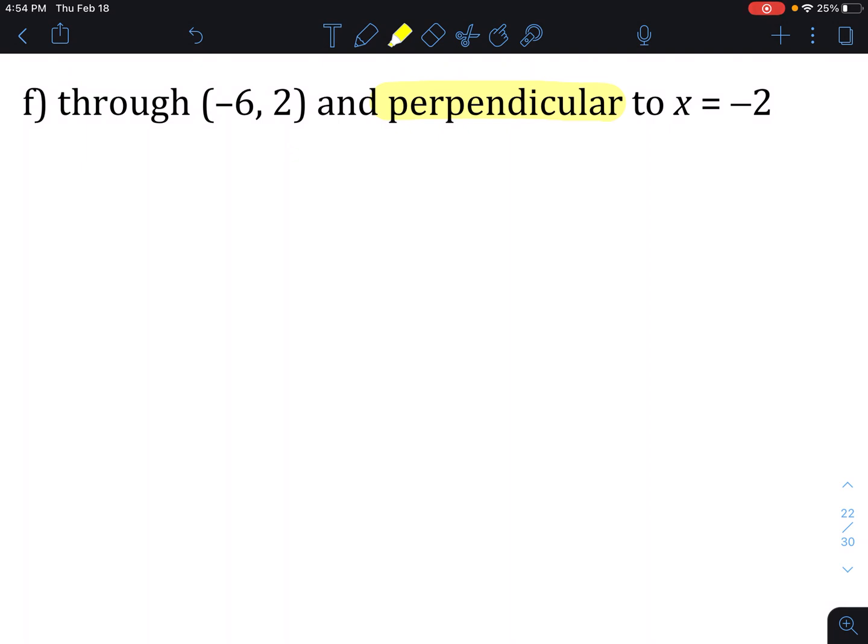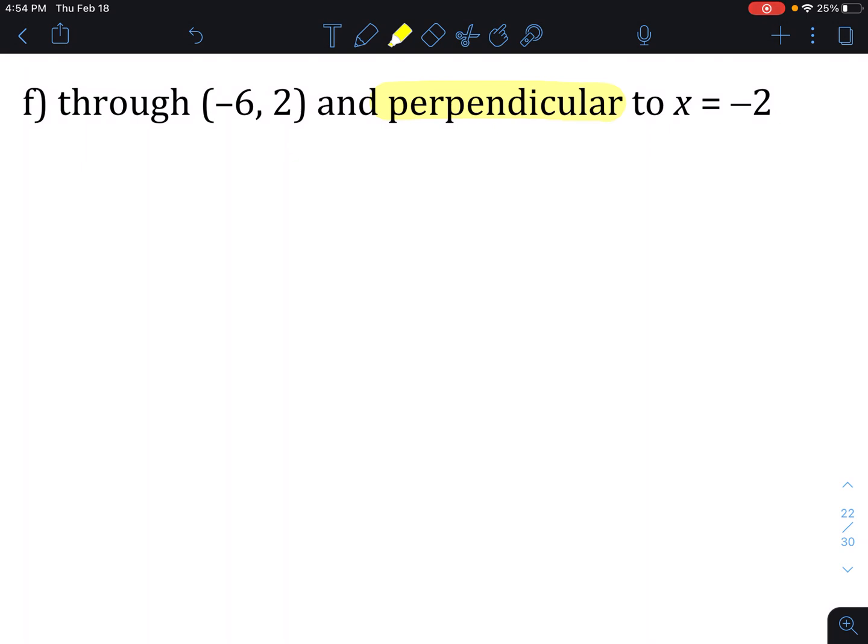We're missing a y in this equation. So what would that be? Well, we didn't really focus too much yet on vertical and horizontal lines. But this actually would be a vertical line if we were to graph it.